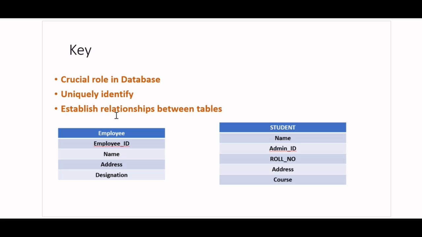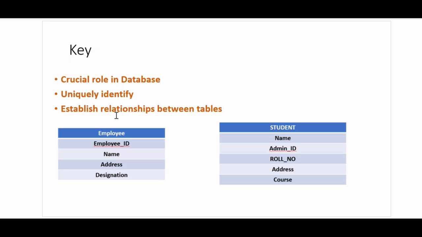Now, as you can see, I have two tables, one of them is employee and the other one is student. If I go with the employee table, I have the attributes such as employee ID, name, address, designation. All of these can become either the candidate key, the foreign key, or the primary key, depending on the criteria.